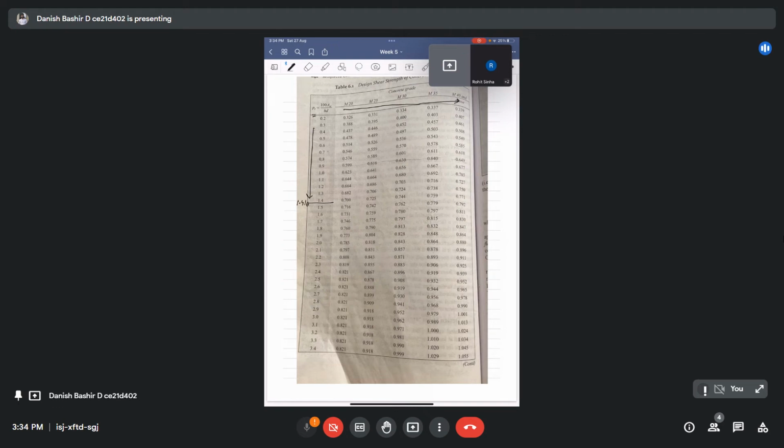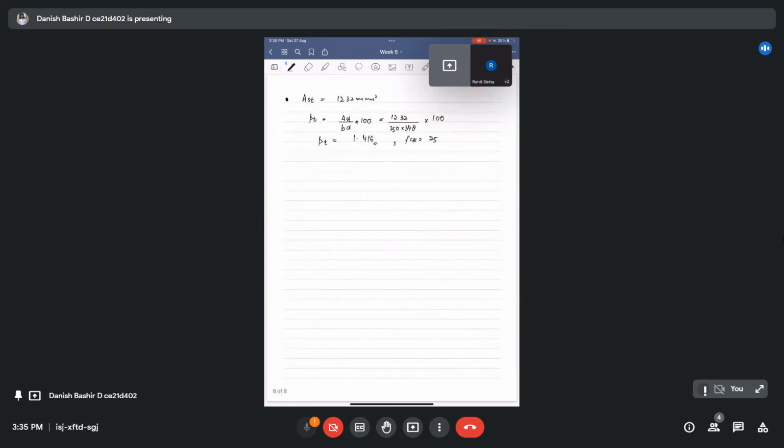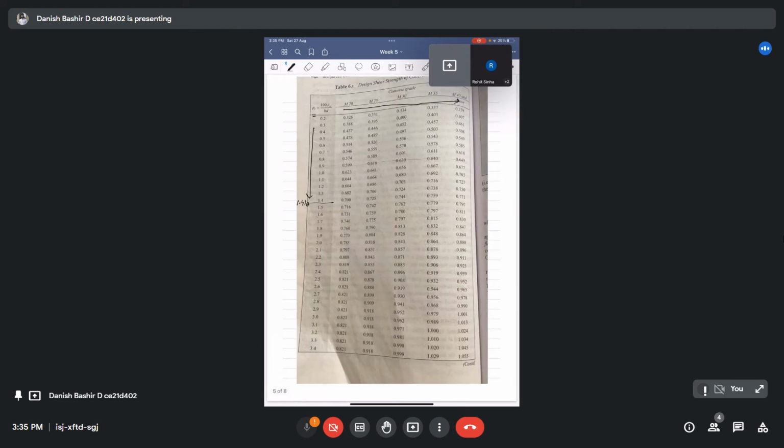And what is our concrete grade? Concrete grade is 25. So first we look for this line, and then we look for the grade 25 line. Our value will be somewhere between 0.725 and 0.742. It will be approximately closer to 0.725 because it is 1.416.